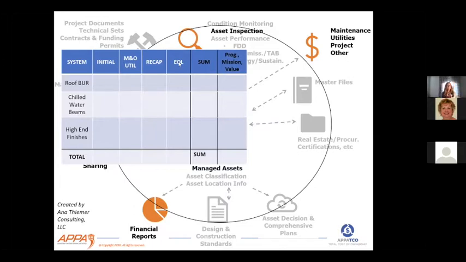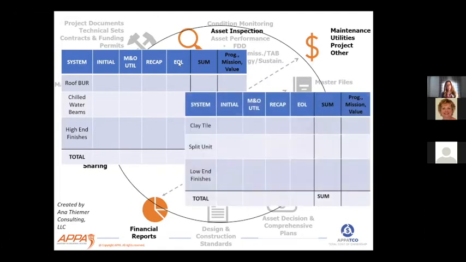And you're listing the system and you're listing the initial costs, the maintenance and operations utility costs, the recapitalization costs, and then the end of life costs to then sum up what the total cost of ownership is. You might want to assign a value to the programmatic mission or vision. And we talked about that in our previous sessions, how it's not just cost, there could be good reason why that doesn't need to change.